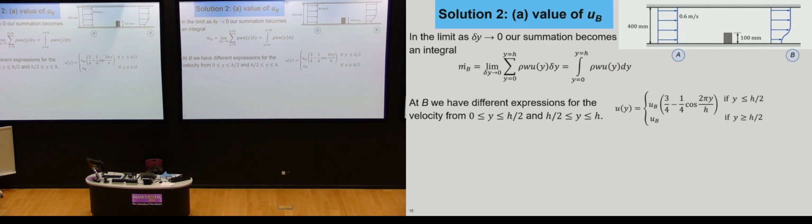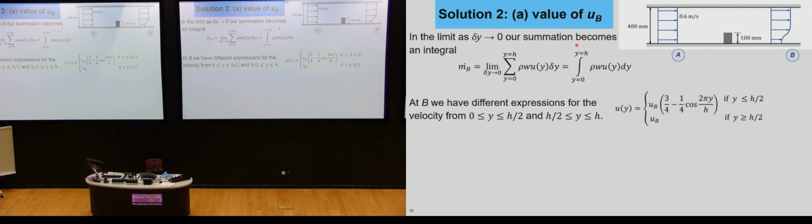So our mass flow rate is given by that integral, but we have different expressions for that velocity profile over the height of the channel. From here to halfway up the channel, the velocity profile is given by this cos expression, but above there it's given by a constant value.